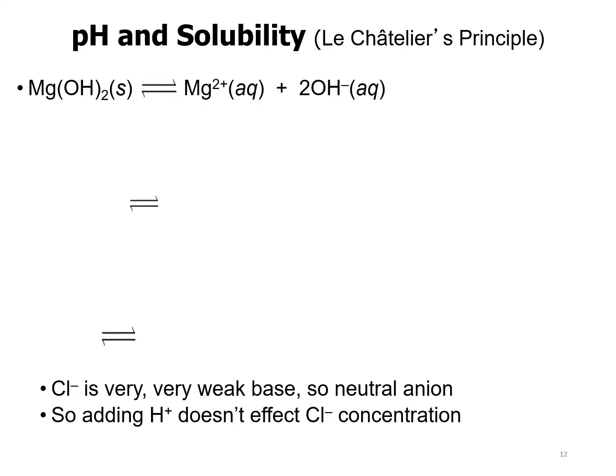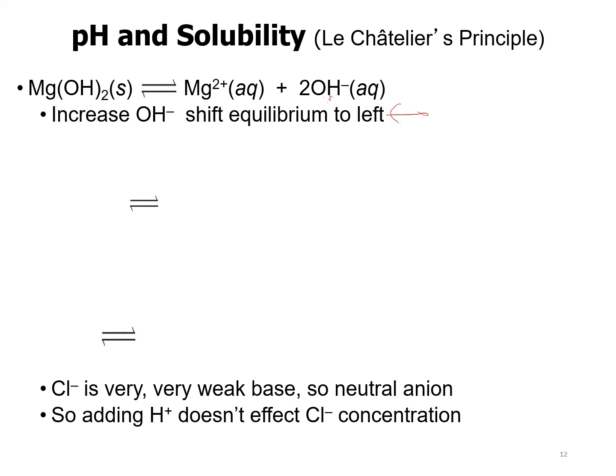Okay, let's take a look at a couple different examples. For instance, if I have magnesium hydroxide, it's insoluble. It's going to dissolve to produce magnesium ion and hydroxide ion. Now what happens if I increase the hydroxide ion concentration? I'm adding more of the hydroxide ion, right? So the reaction will try to reduce the concentration, so the equilibrium will shift towards the left, correct?